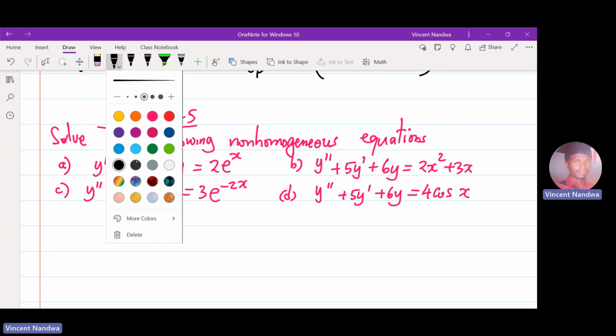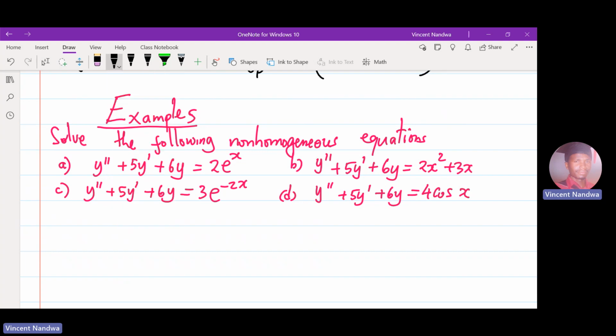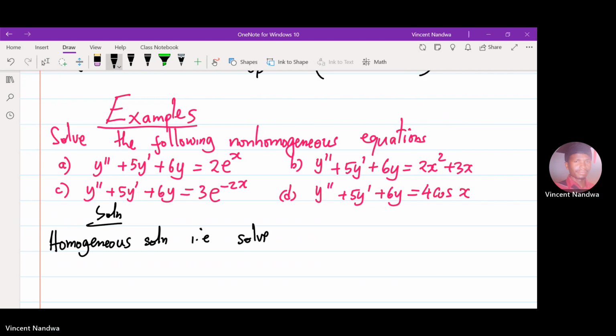Okay, good. Now, this being a faculty of science and technology, it picks the best students from the whole country, so I want to trust you with the homogeneous solution for A. Remember, the first step is to get the homogeneous solution, i.e. solve y double prime plus 5y prime plus 6y equals 0.